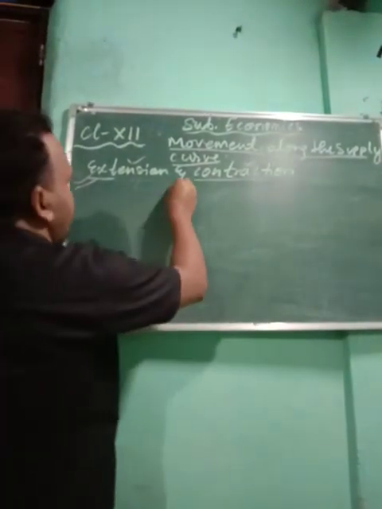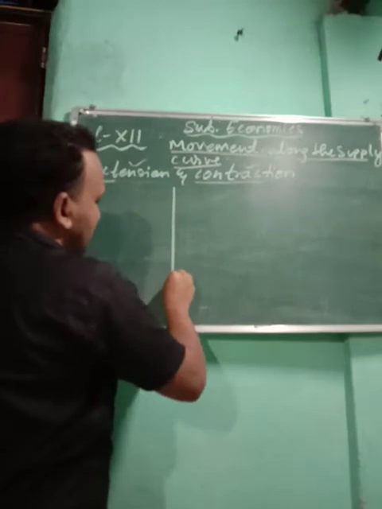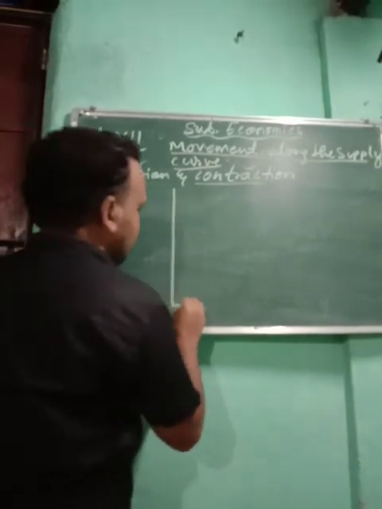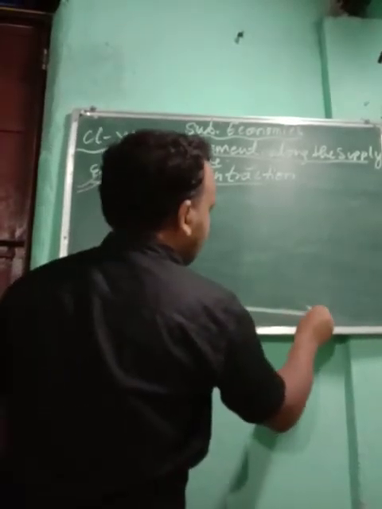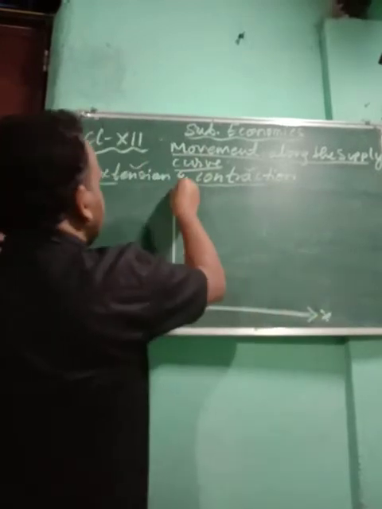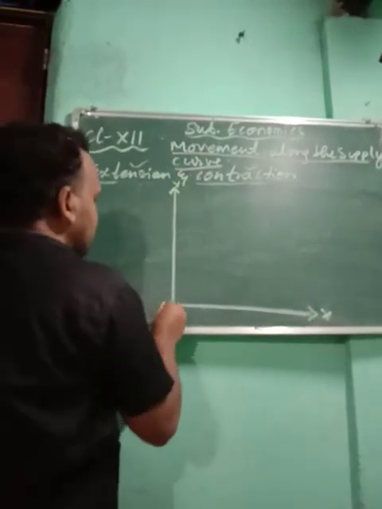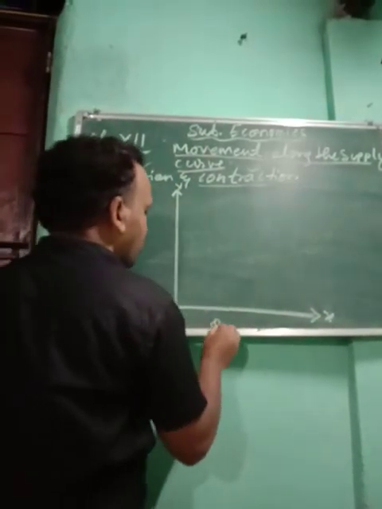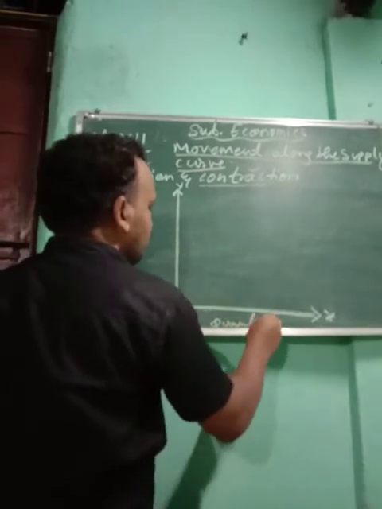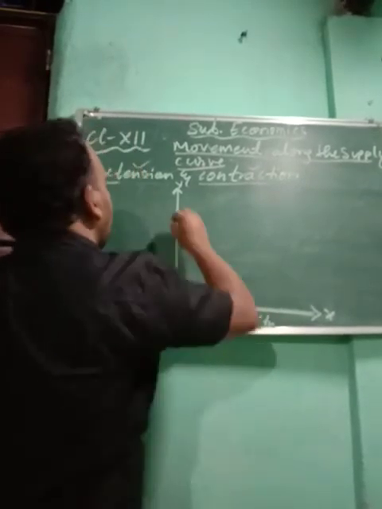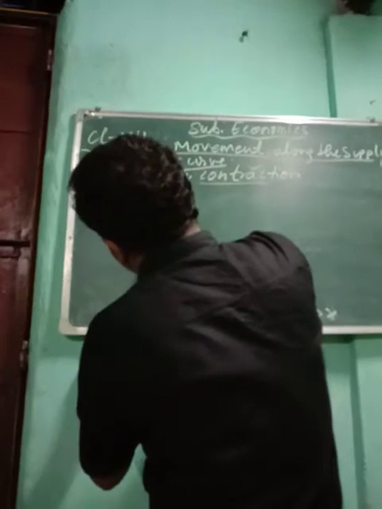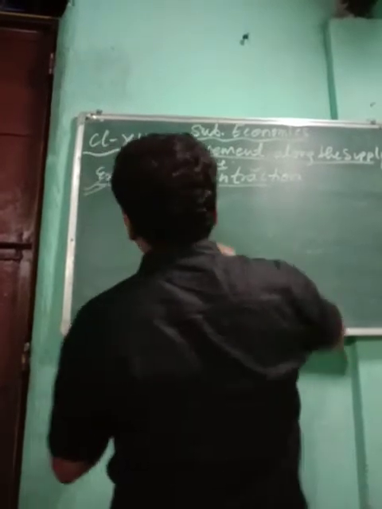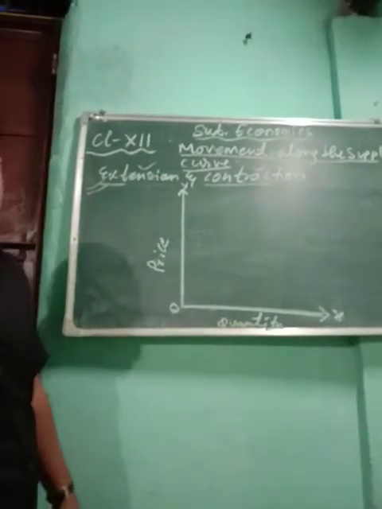Okay, when you prepare a single diagram where you show extension and contraction, you have to prepare the x-axis, y-axis, 0, same quantity on the x-axis, and price on the y-axis. Here the rule will be a little different.